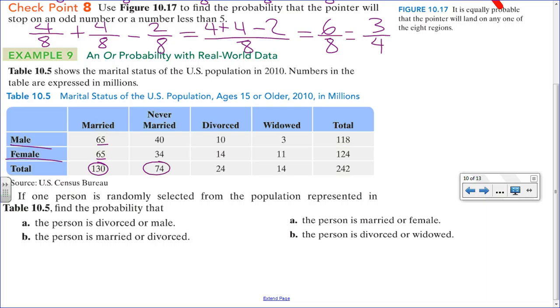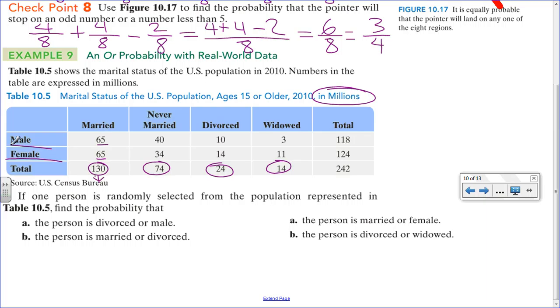If we look at the third column, that would be the divorced people, and there were 10 males and 14 females. And the next column, there were 3 males and 11 females in the widowed column. Total 14. And let's keep in mind, we're talking about millions, guys. Now if we add the rows, we already added the columns, so it's already there for us.